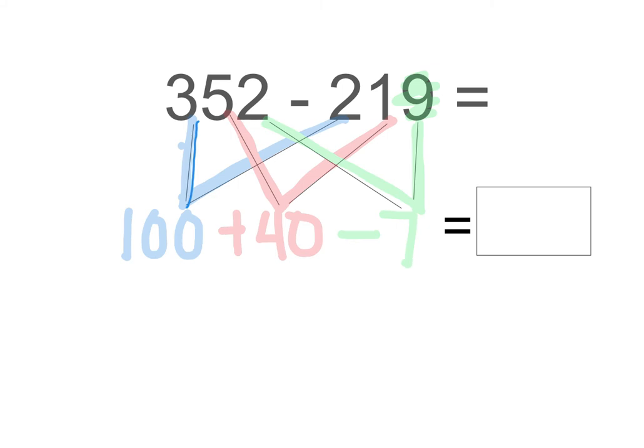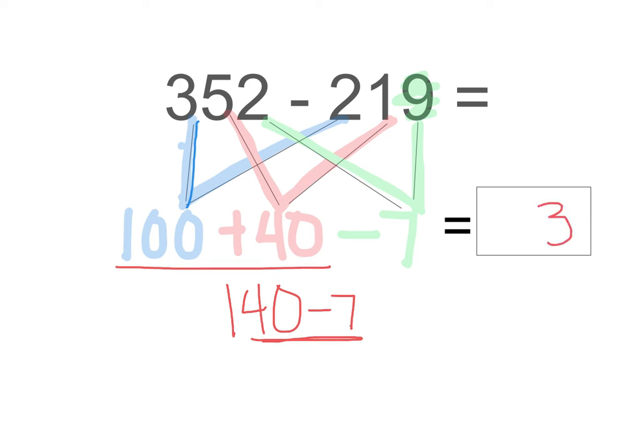Now we'll put those parts together. So 100 plus 40 is 140. Now we need to subtract that 7. Well, you know your partners to 10, so 10's partner minus 7 equals 3. If I have 40 and I take away a 7, I'm in my 30s, and I still have my 100. So my answer equals 133.